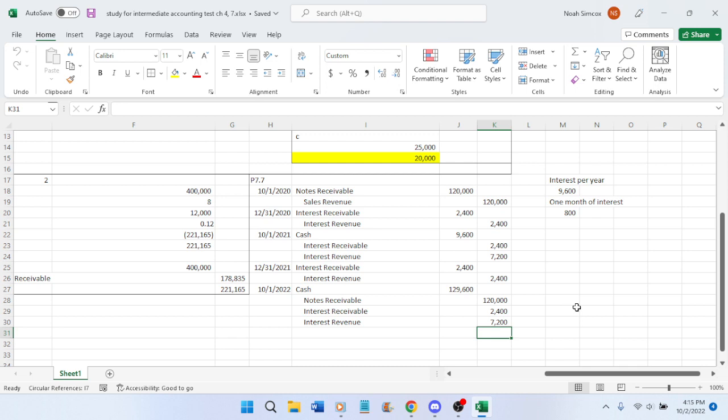Cash of 9,670, interest receivable, interest revenue, 1,230, interest receivable, interest revenue, cash. He did two separate entries, which is probably better. I just combined it all into one entry. But he did the interest first, and then he did the other thing. I combined the cash into one. Anyways, that's correct. The way I did it is correct, pretty much.